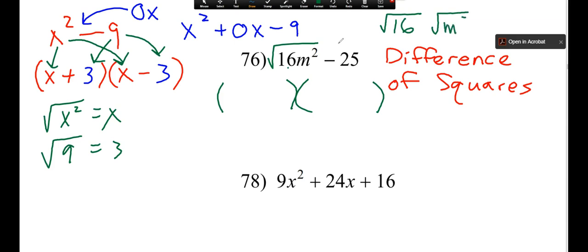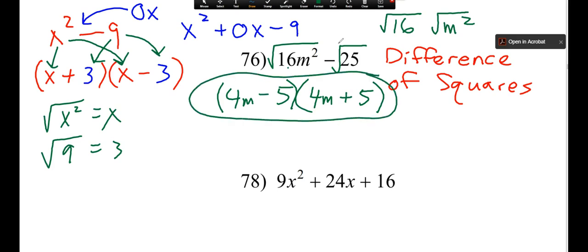And what's the square root of m squared? Now, you got the m part right. But what's the square root of 16? 4. So we have 4m and 4m. Now I need the square root of 25. 5. Okay. 5 and 5. One's a plus, one's a minus, and now we're done with the question.